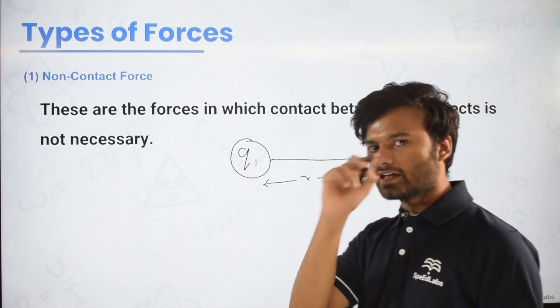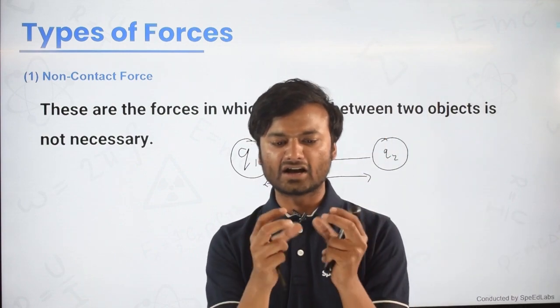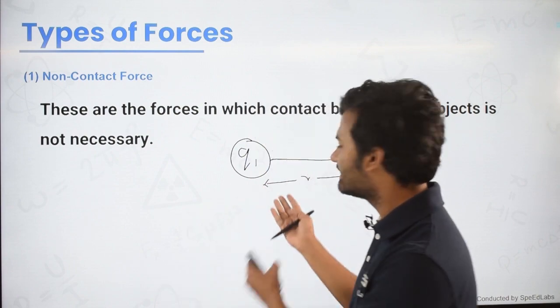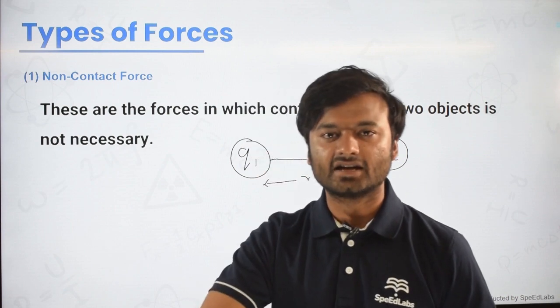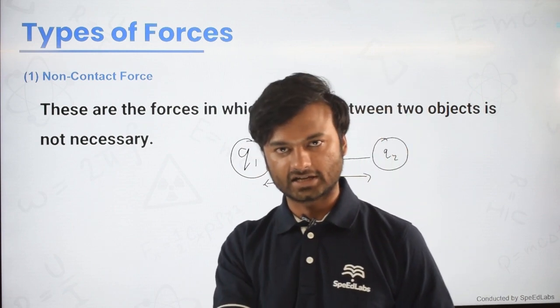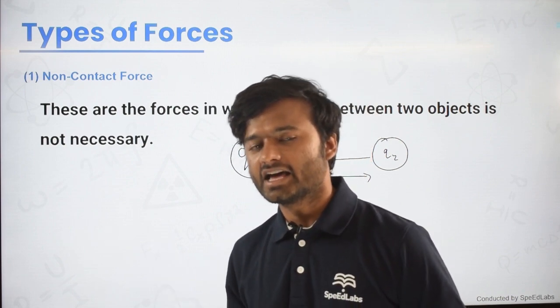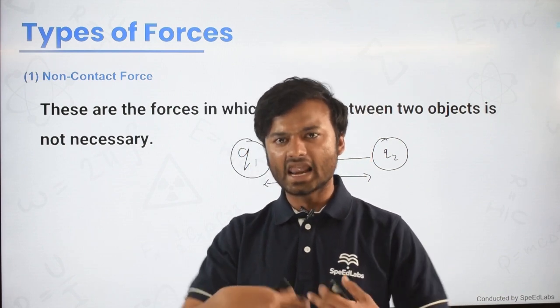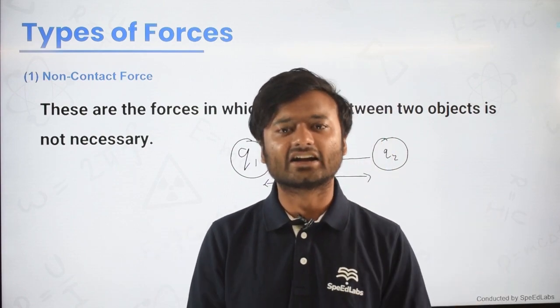As you know, when charges are kept at a certain distance R, they exert force on each other, depending on the nature of the charge. If the two charges are positive in nature, they repel each other. If the two charges are unlike, one positive and another negative, they attract each other.